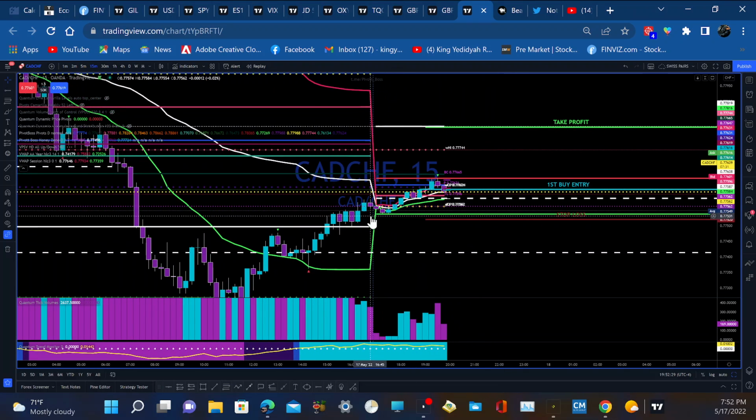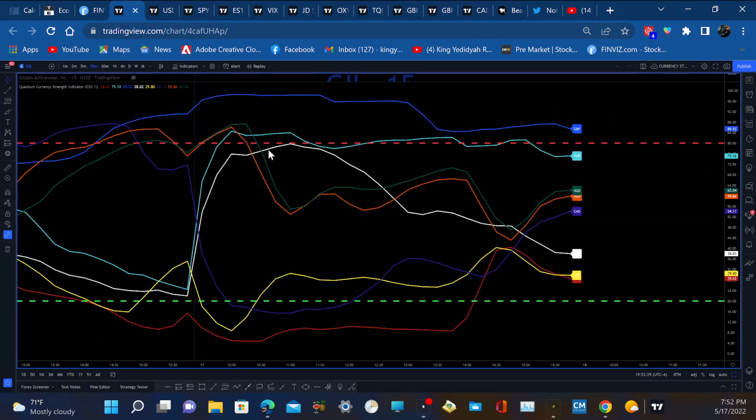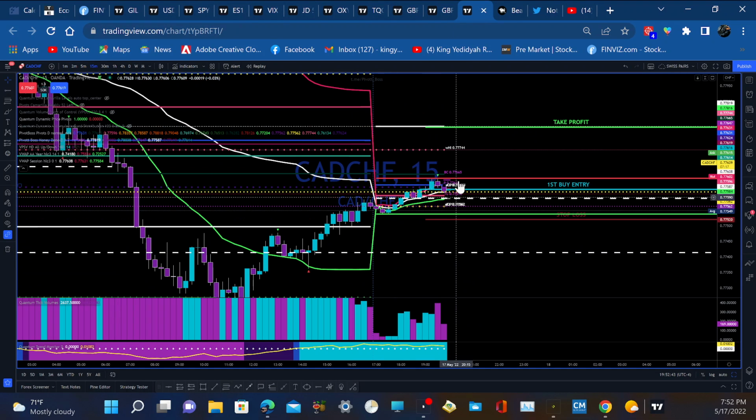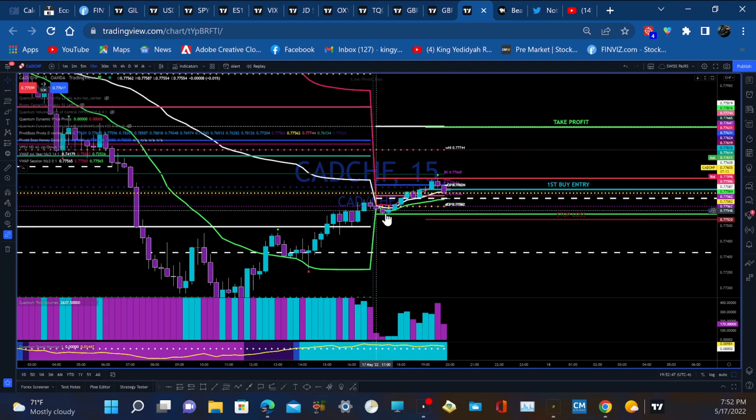Maybe I should have went short, but this here is not suggesting a short because CAD is strong and the Swiss is moving lower. So what we might be getting here is just a little shakeout, and the stop loss is below this value here, this area where we found support at the open. So let's see how it plays out, you know what I'm saying.